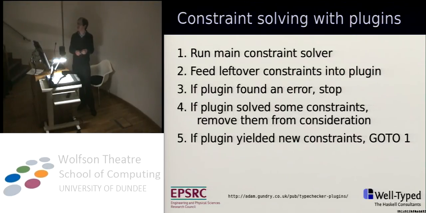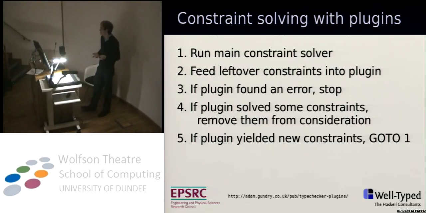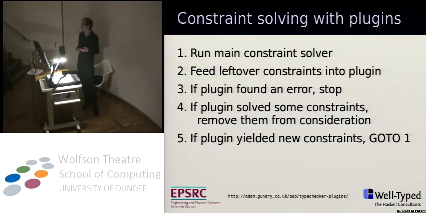How does this fit into the wider constraint solving algorithm in the Typechecker? So what's going to happen is that the main constraint solver built into GHC will run, and if that ends up with some unsolved constraints left over, GHC is going to invoke the plugin that's been registered with it. So the plugin can't change the sort of built-in typing rules that Haskell comes with anyway.